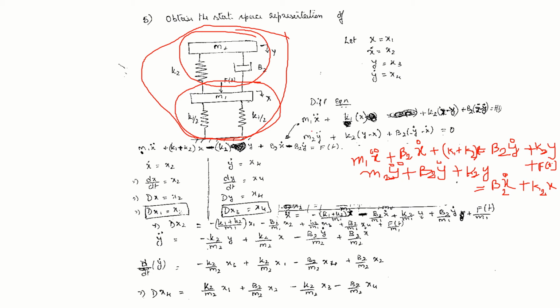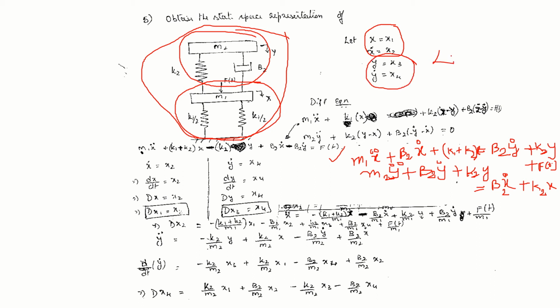Now this is a second order differential equation. X equal to x1 and x dot equal to x2, so there are two state variables for this. For the second equation, y equal to x3, y dot equal to x4, another two state variables.